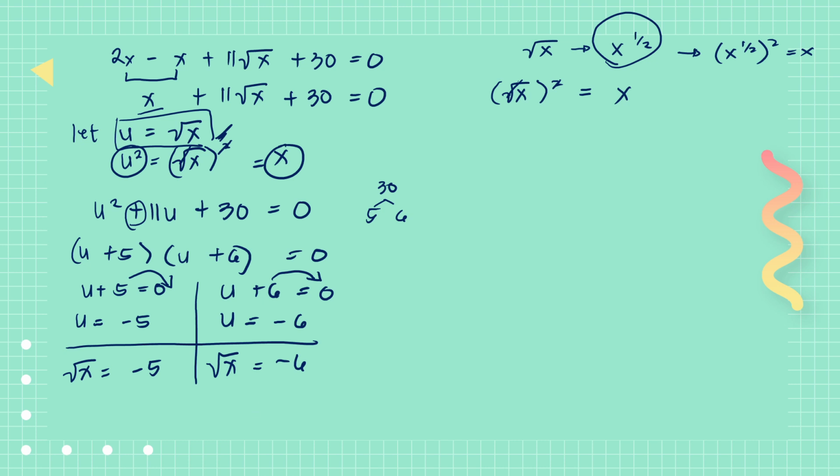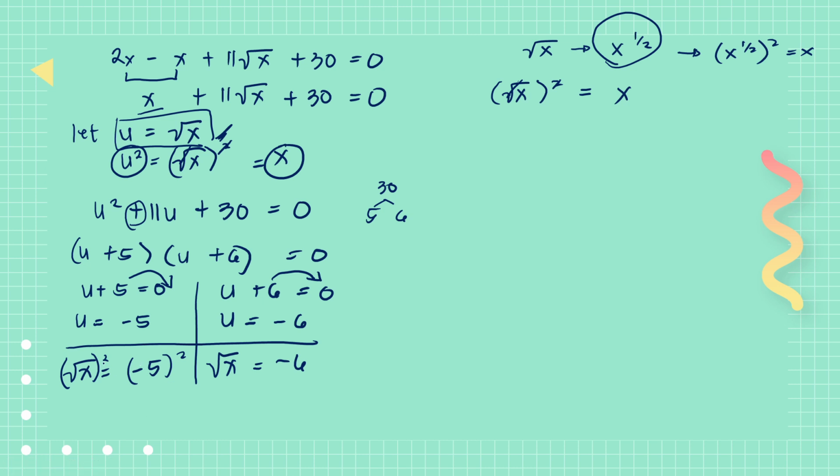So in this part, we need to solve for x. To do that, we need to eliminate the radical sign. Okay? So again, the inverse of the radical is exponential. So we have here square root of x equals negative 5. To solve for x, we will apply the squaring property of equality by getting the squares of both sides.